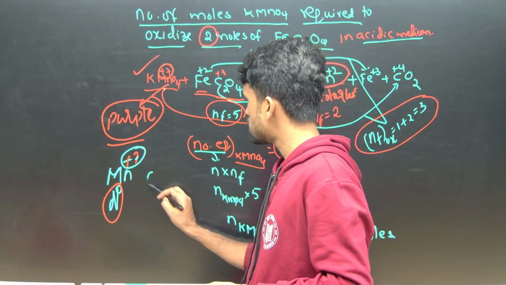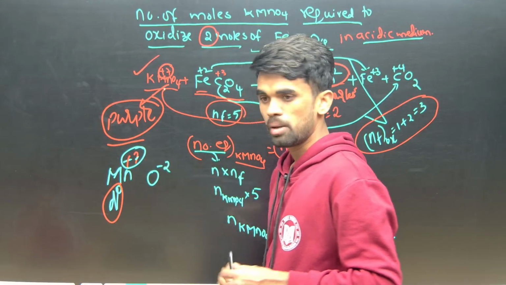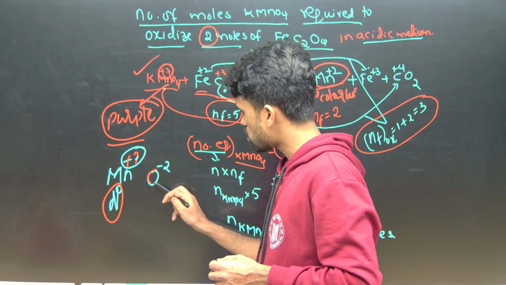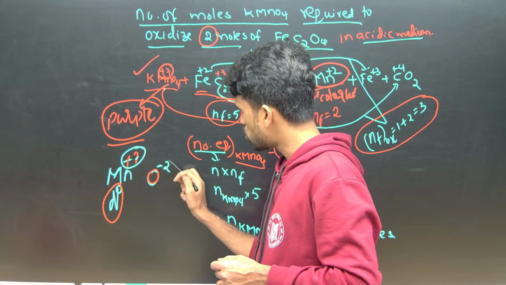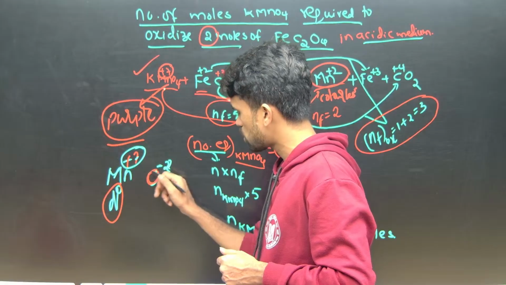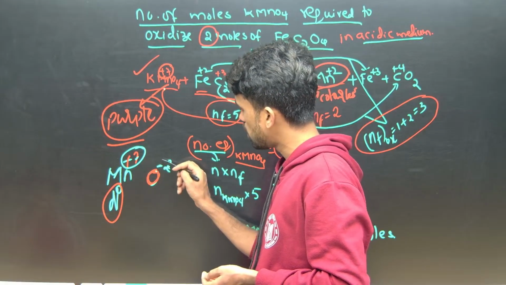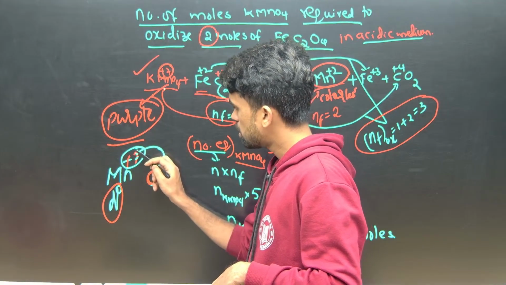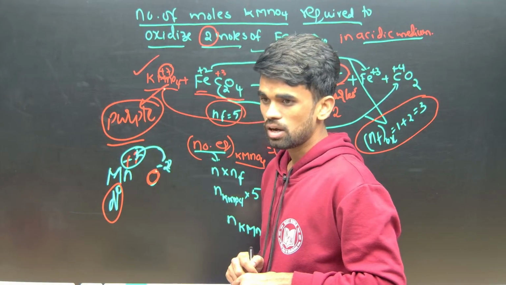But oxygen is there, in oxide, -2 oxidation state. Oxygen is small in size and has 2 extra electrons on it. So due to this small size and high electron density, the oxide will share its negative charge with manganese.